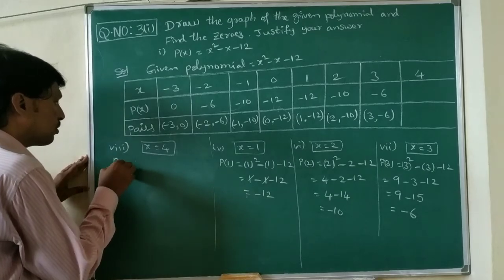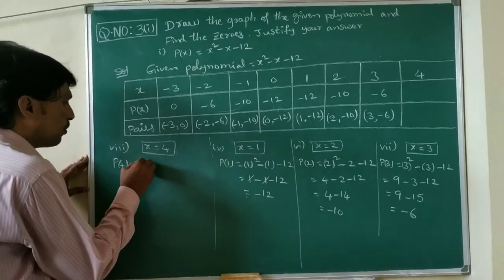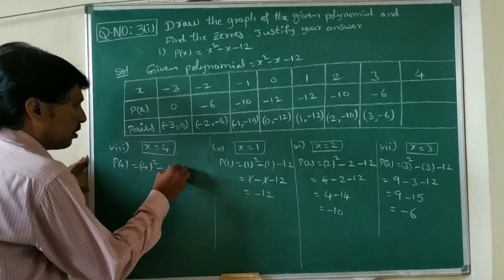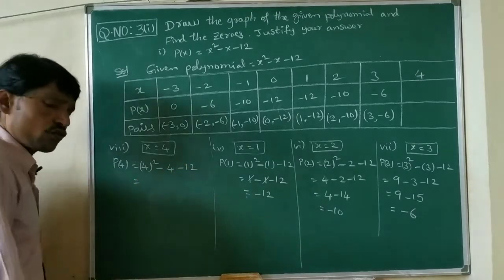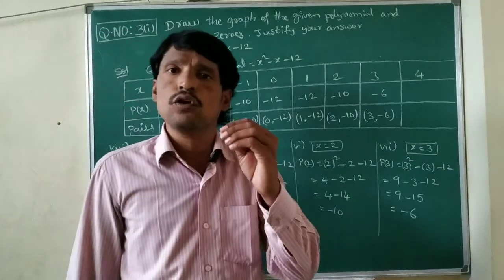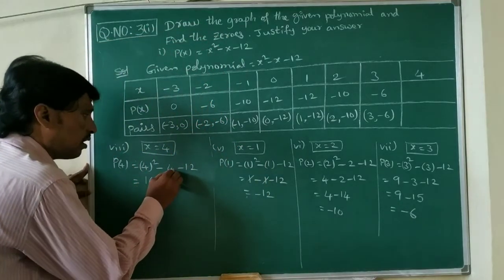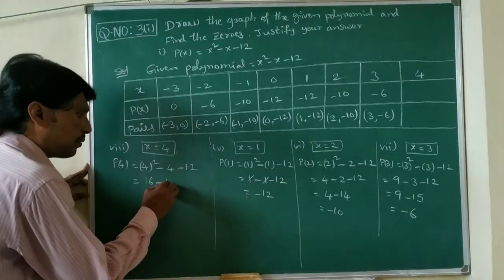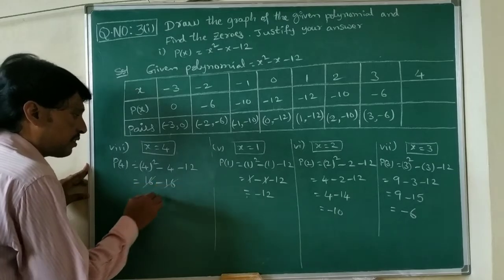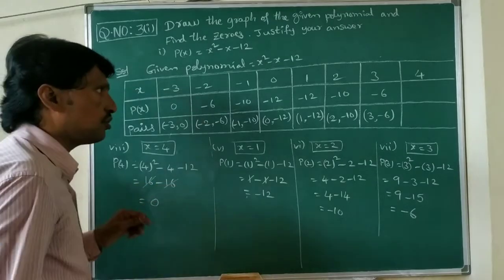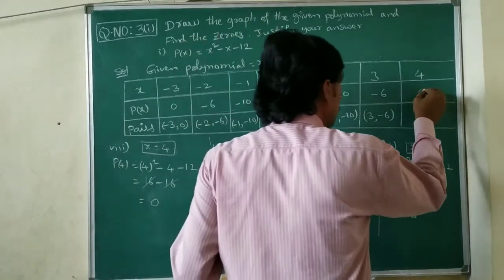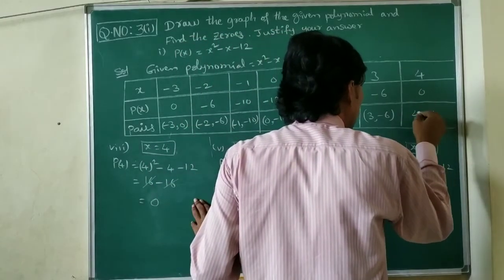So p of 4 equals 4 whole square minus 4 minus 12. 4 whole square means 4 into 4, that is 16. 16 minus 4 minus 12, that is minus 16. Plus 16 minus 16 gets cancelled, so we get 0. So here 0. Now 4 comma 0.